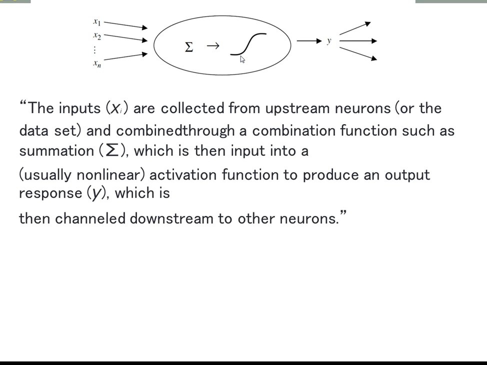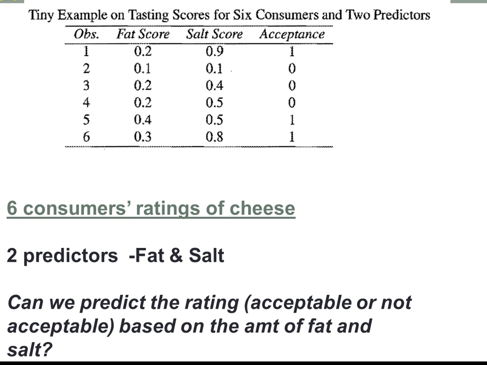So somehow, such as a summation function or something, which is then input into usually a nonlinear activation function. That's not clear at all right now. Anyway, that's all what's happening inside to produce an output response Y, which is then channeled onward. That's enough for that slide. Here's an example, not the Iris data set, a different example.